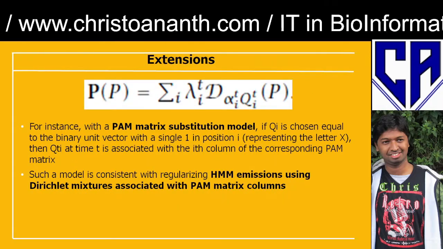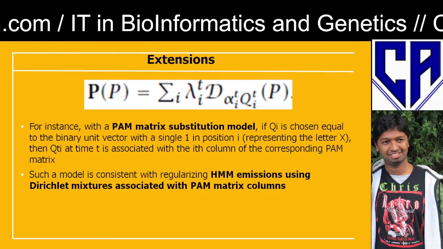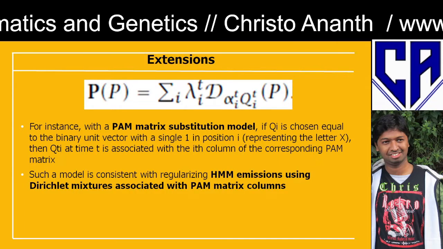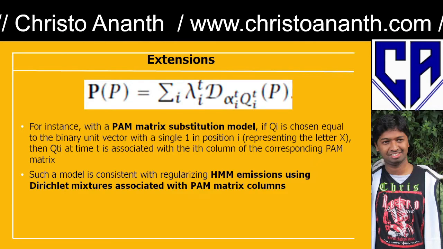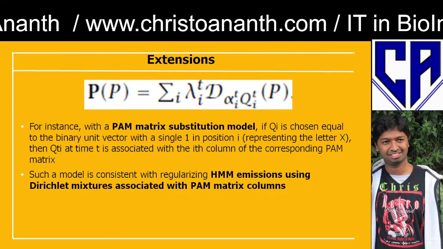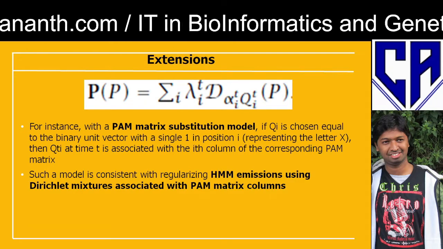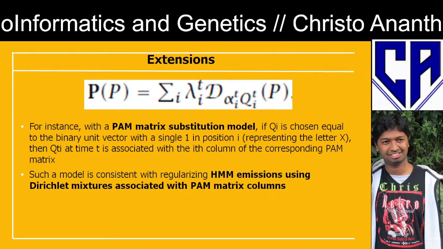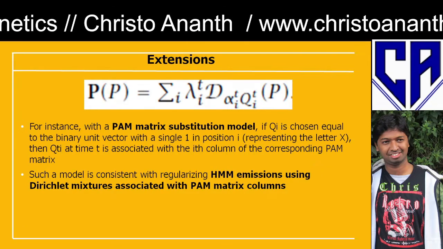This is the extension: P of p equal to the summation over i of lambda_i(t) D of alpha(t), q_i(t) of p. With the PAM matrix substitution model, q_i is chosen equal to the binary unit vector. So the hidden Markov model emissions are regularized so that the model is consistent with the PAM matrix columns.